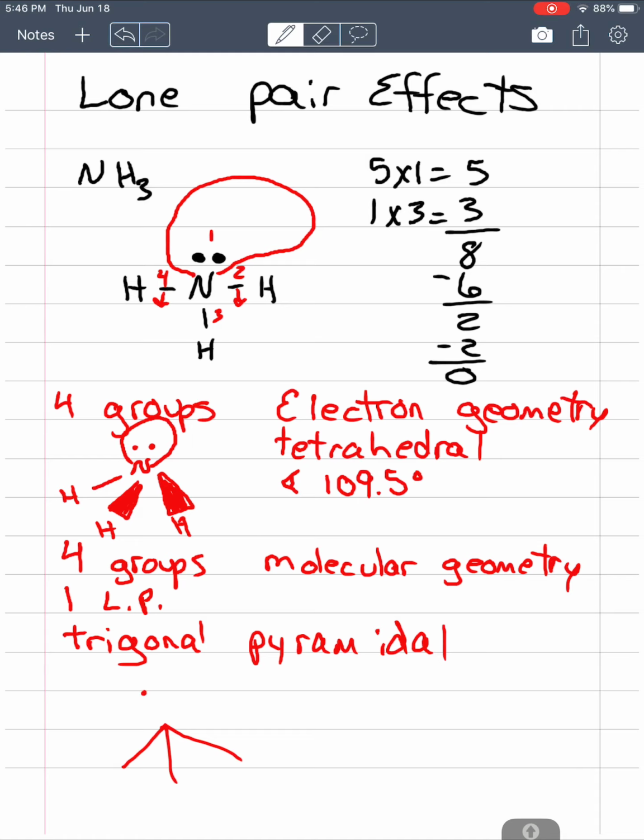If we include the lone pairs, that would be tetrahedral.